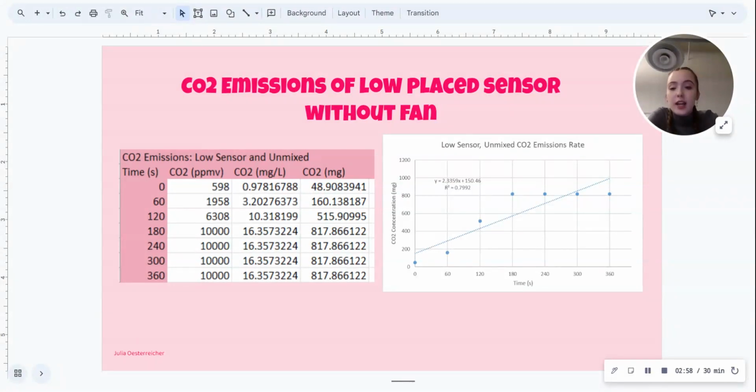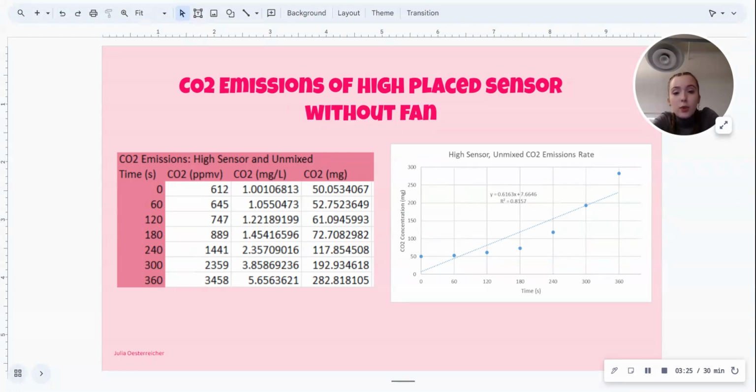You can see that their ppmv concentration of emissions rose rather quickly, and then it kind of maxed out the measuring tool. At 180 seconds where it gets to 10,000, it most likely was over that, but the sensor read error.